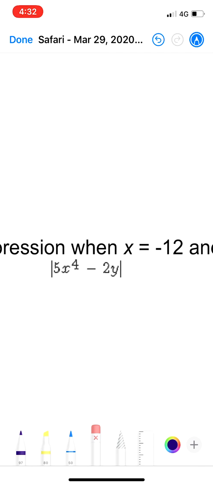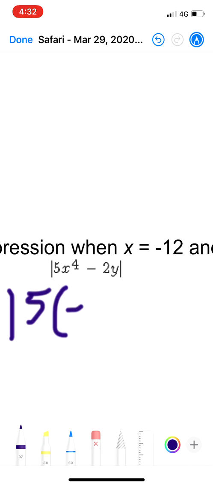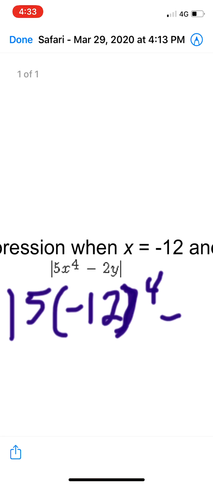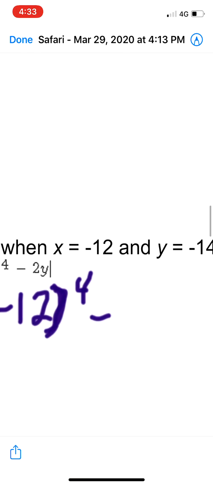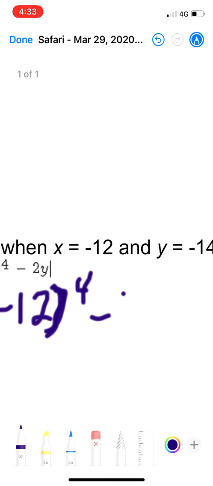So I have absolute value of 5, and instead of me just writing negative 12, I'm going to put a parenthesis around it because it's negative. But I also just would put a parenthesis around it even if it was a positive number. I just like to do that just in case. So instead of X, I have negative 12 now to the 4th power minus, let me move this over, 2 times Y, which is negative 14.